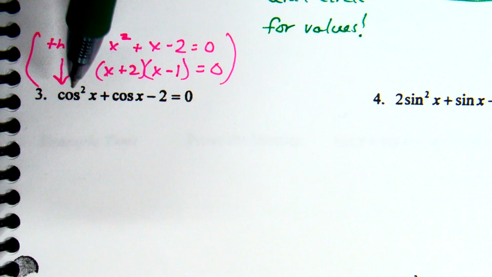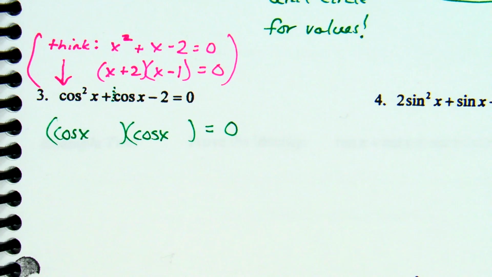when does cosine equal negative 2? When does my cosine graph that I drew on the board, last problem, equal negative 2? Never.